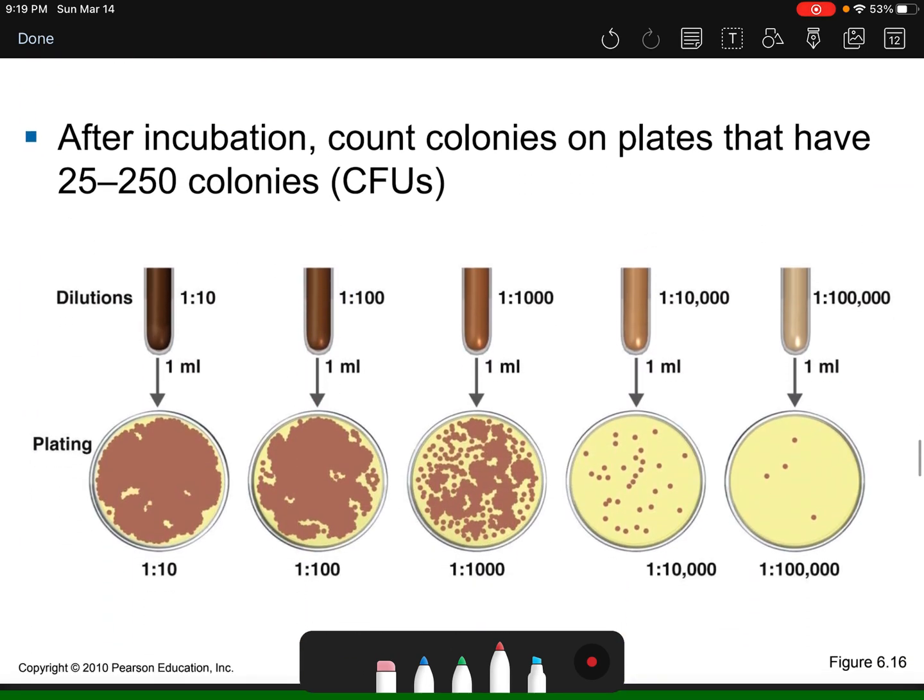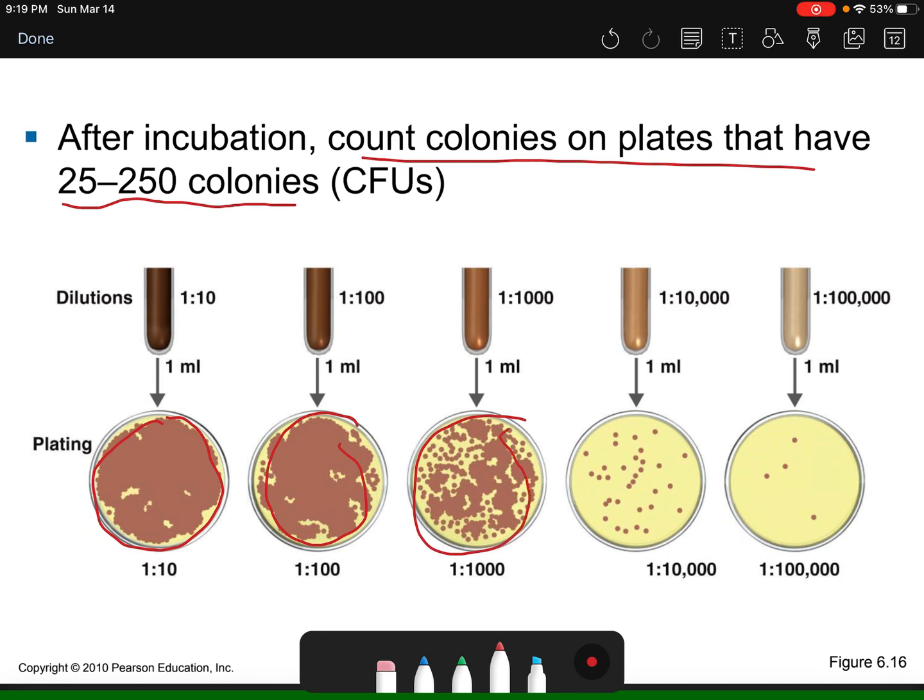After incubation, we count colonies on plates that have between 25 and 250 colonies. When you look at that first dilution, 1 in 10, oh, it's just a massive growth. That's what some of you get when you're inoculating your plates. You can't even see separate colonies. Even with a 1 to 100, still pretty thick. 1 to 1,000, still pretty thick.